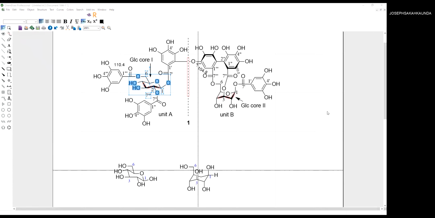Unit A, Unit B. Glucose 1 of Unit B, 6.36.